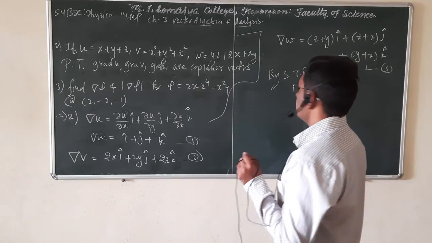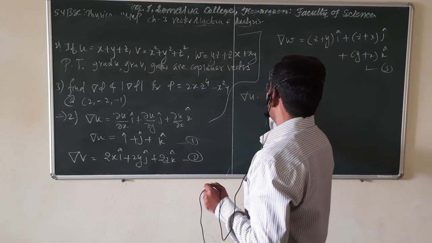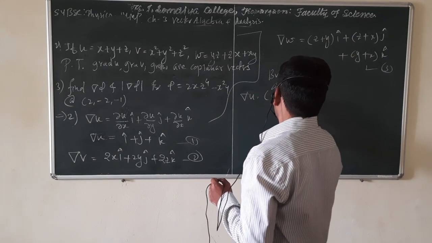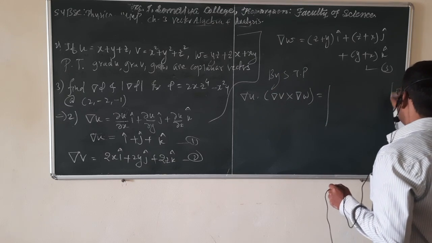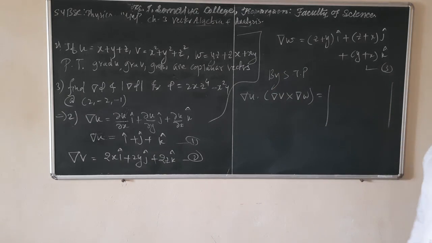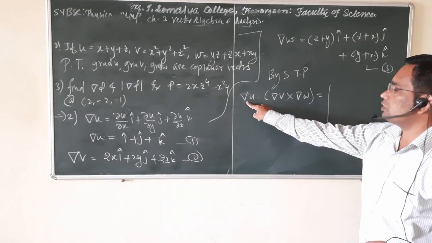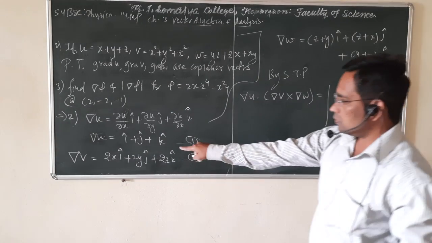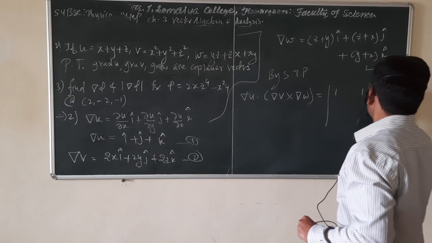So we have to take the scalar triple product, which is gradient of u dotted with gradient of v crossed with gradient of w. Now see, from the definition of scalar triple product, recall how we solve it. In the first row of this determinant, we take the elements of gradient of u. So here 1, 1, 1, these are the coefficients.